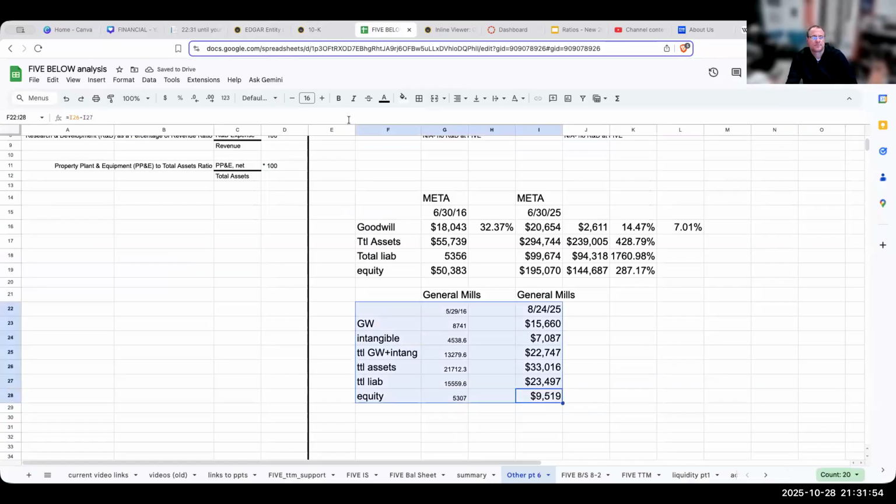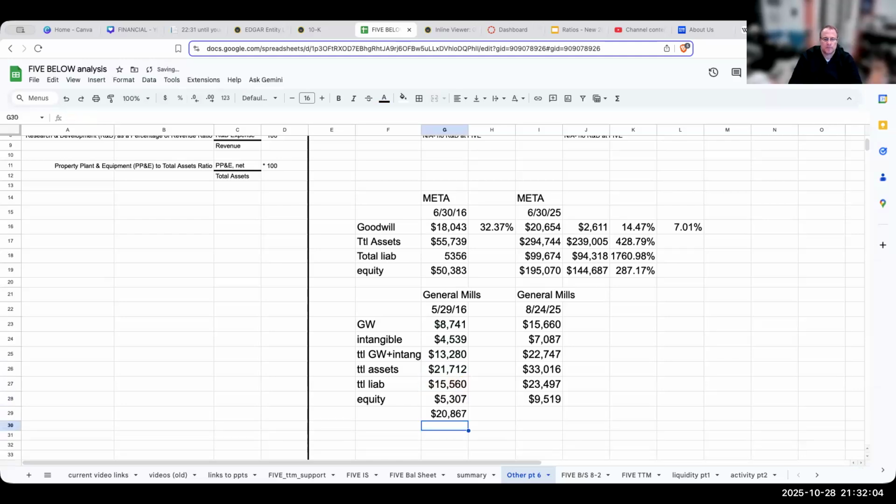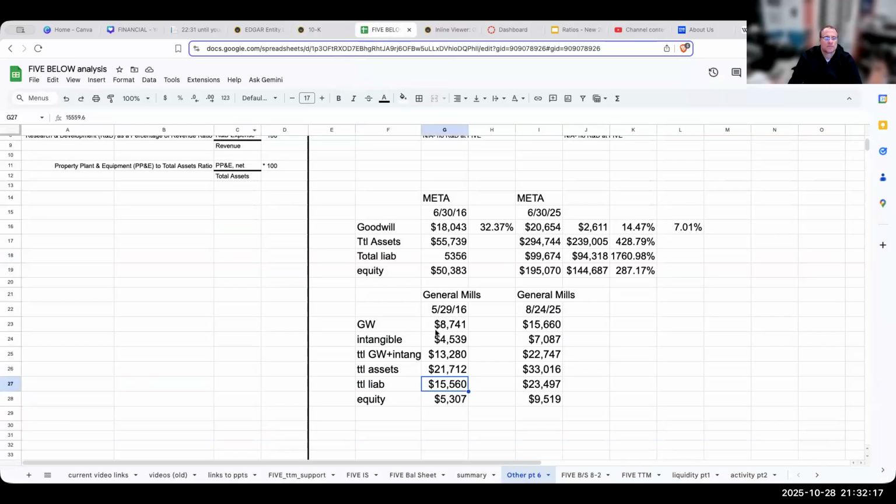So again, not sure if these numbers are right. Missing a redeemable interest. I'll just throw that into equity. There we go. Okay.